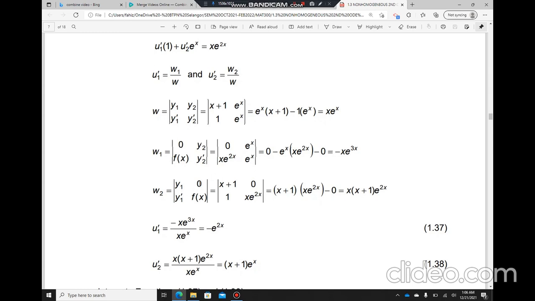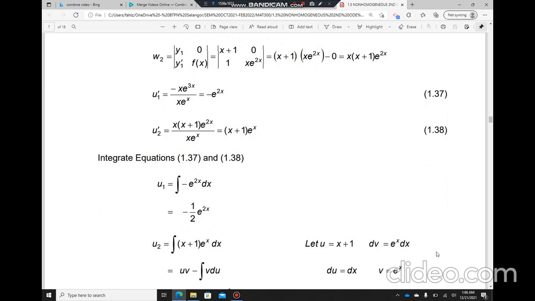Next W2, tukar dekat second column 0 and f(x). So dekat second column, dia akan dapat this value of W2. Okay, so kita dah ada W, W1 and W2. Next u1.